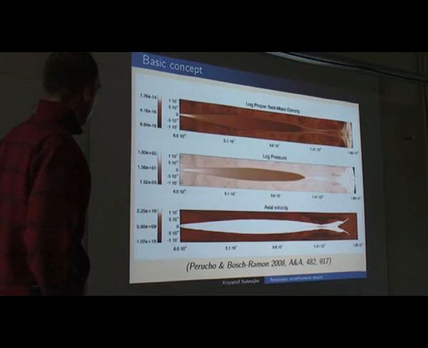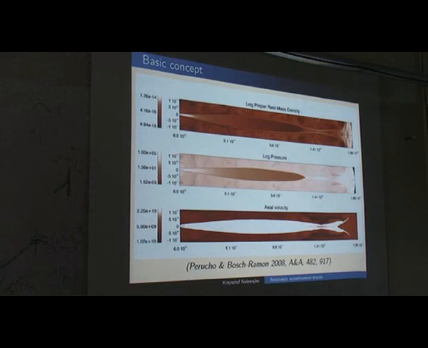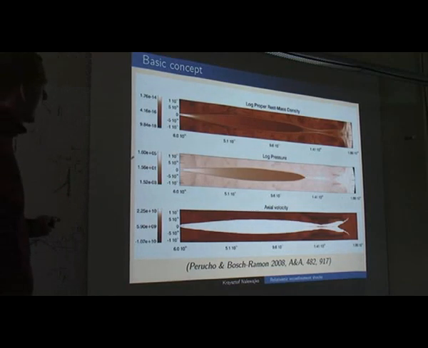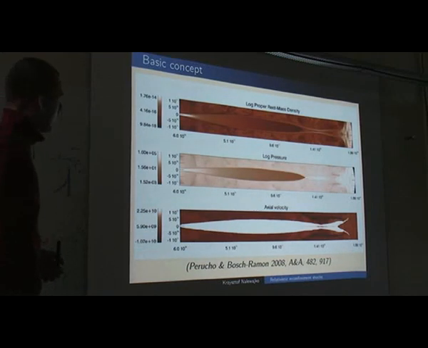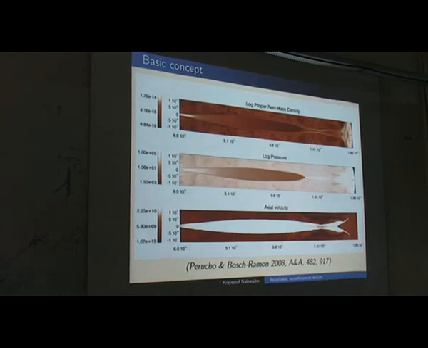You can see here three images showing the distribution of the mass density, the pressure, and the actual velocity of a jet, which is simulated in an axisymmetric hydrodynamic code.